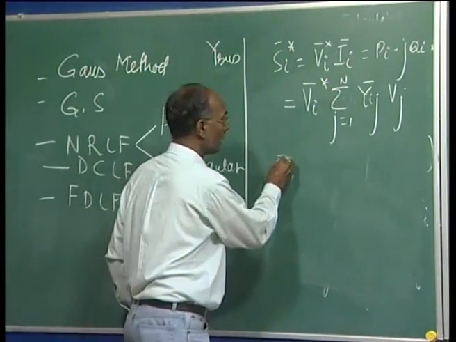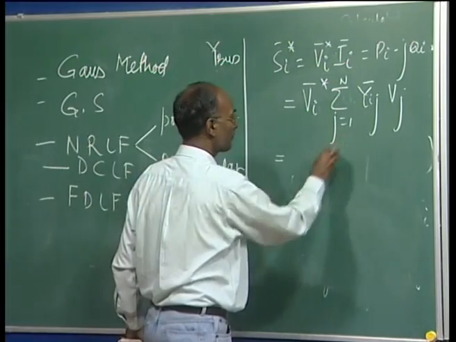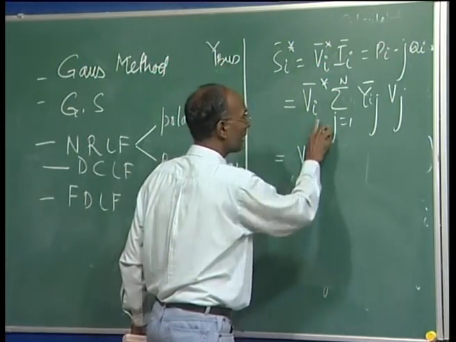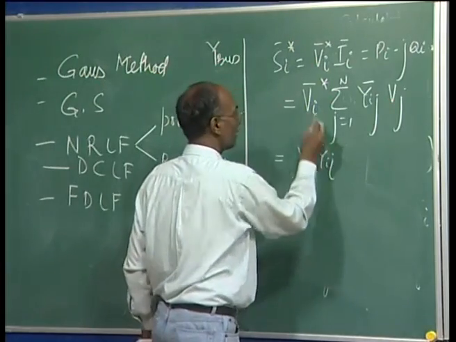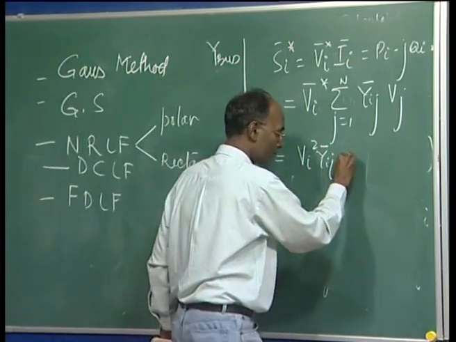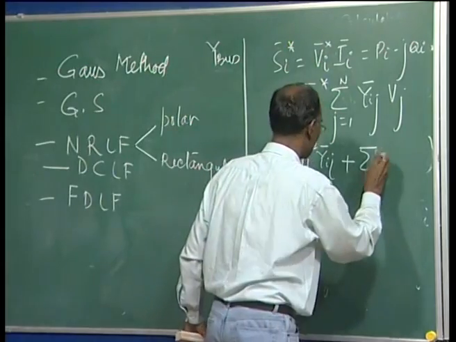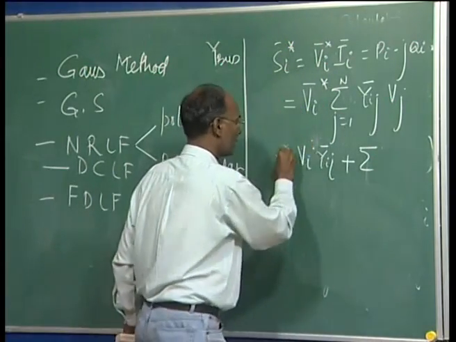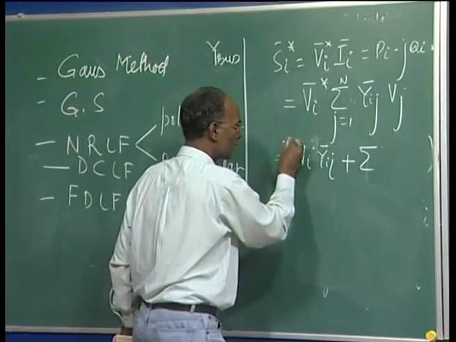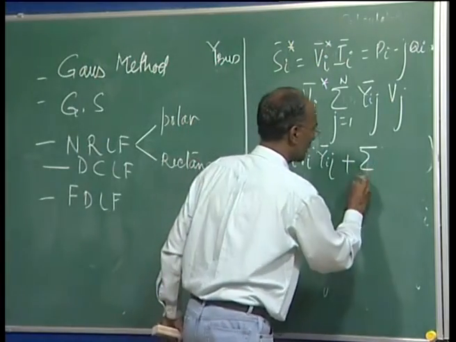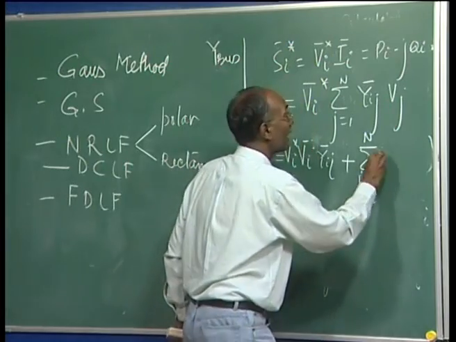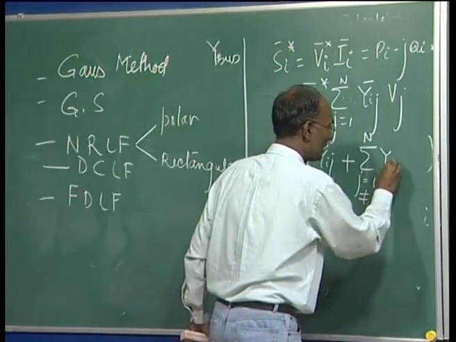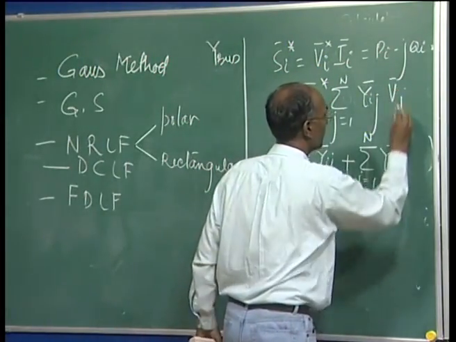Now, what happens here? We can simplify this. We can write Vi square Yii, plus Vi conjugate times the summation, j is equal to 1 to n but not i, of Yij Vj.